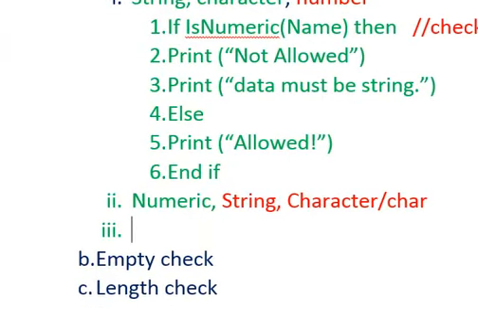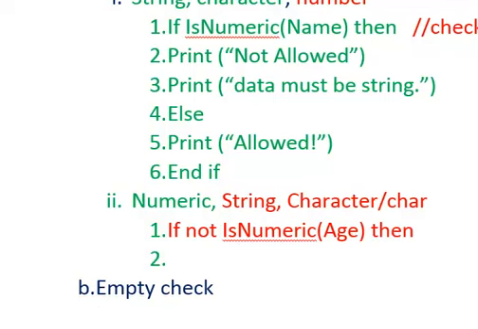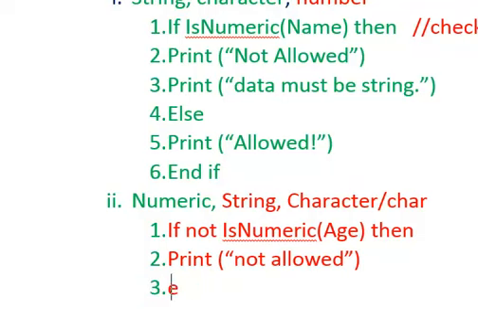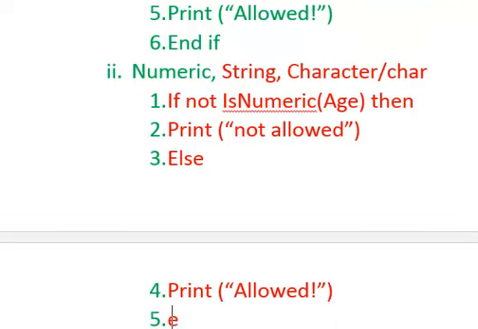What I'm going to do is: if not is numeric, C, okay, then C.